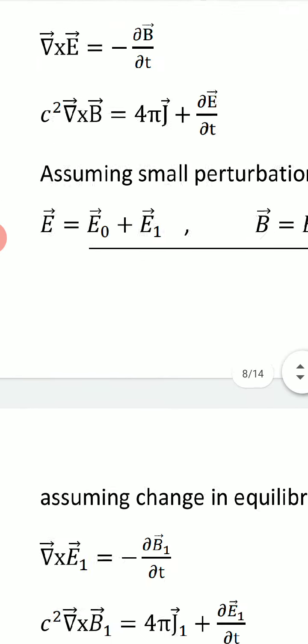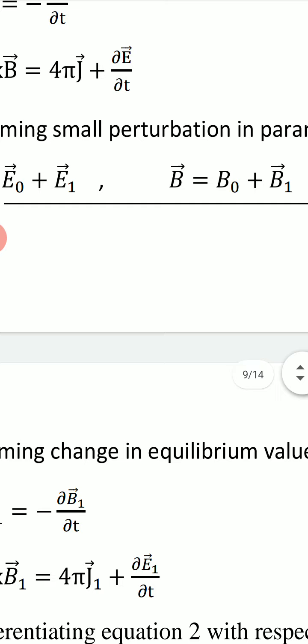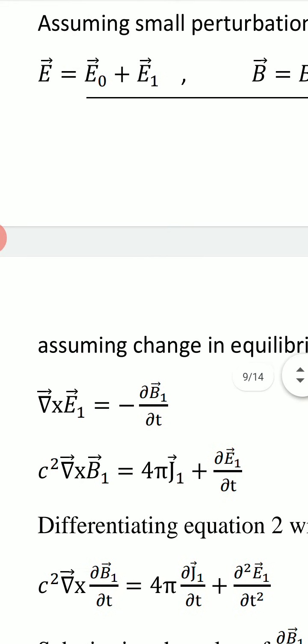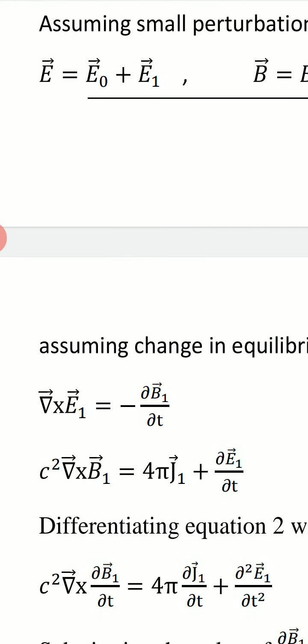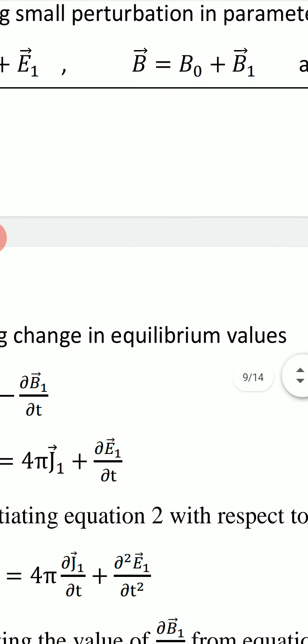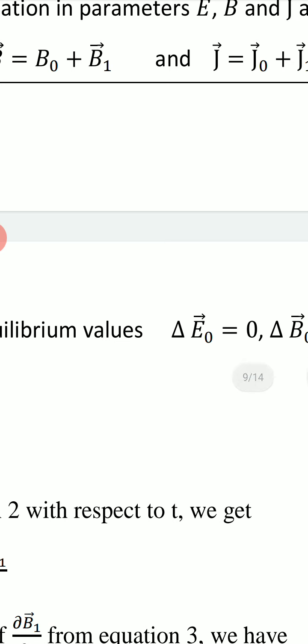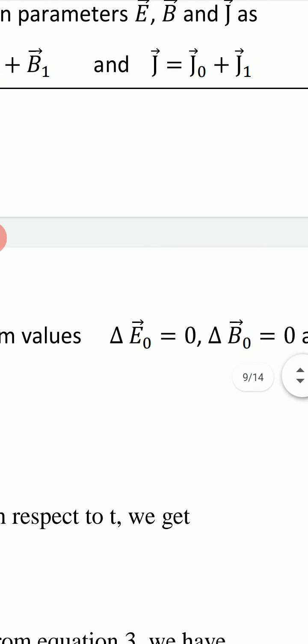Assuming a small perturbation in parameters E vector, B vector and J vector, we write E vector as E0 vector plus E1 vector, B vector equal to B0 vector plus B1 vector, and J vector as J0 vector plus J1 vector.